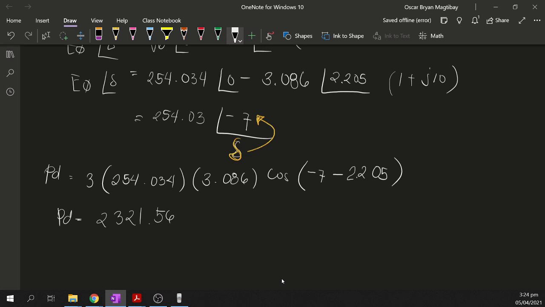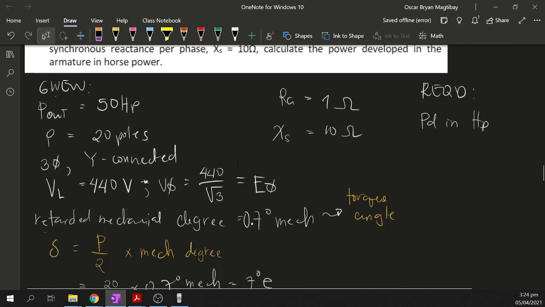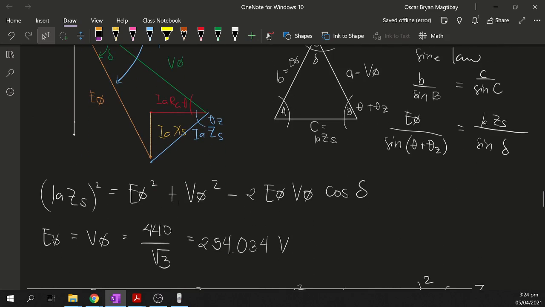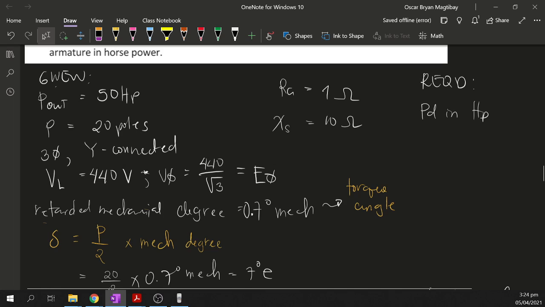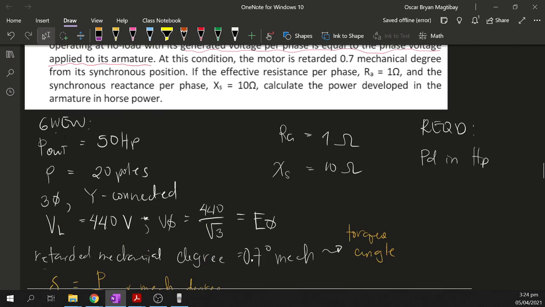So, masyado siyang mababa kung gagawin pala natin ganun. Sir, masyado siyang mababa. Kasi, ang horsepower natin is 50 horsepower. O, tama ba ang pagkakakompute natin? Hindi pala. Kasi hindi natin nagamit itong P output. We didn't use the P output.